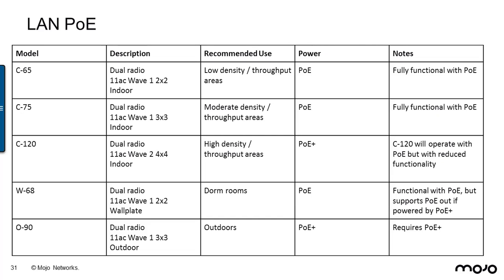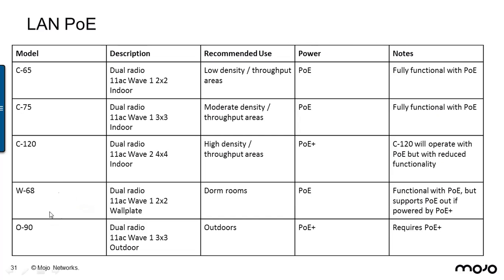I should point out that our other APs, like our C65, which is the 2 spatial stream, and the C75, 3 spatial stream, Wave 1 APs, are fully functional with just AF power, as is the W68. The radios will operate, and all ports will be available.